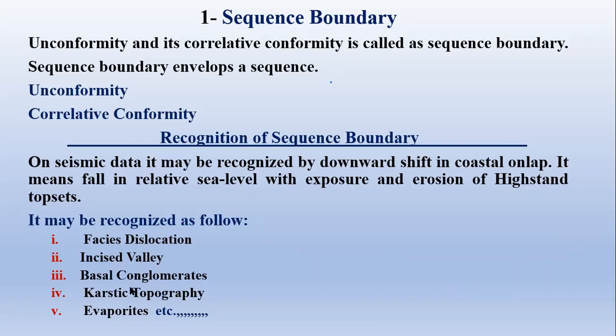Another is basal conglomerates. Basal conglomerates refer to the beds of conglomerates that are present above an unconformity. Beds that directly lie above the unconformity, commonly having conglomerates, are termed basal conglomerates.